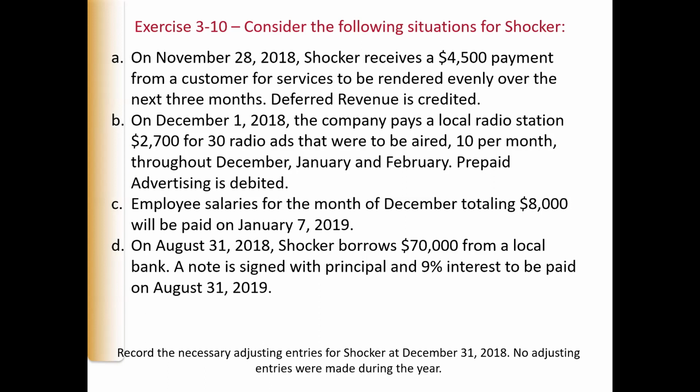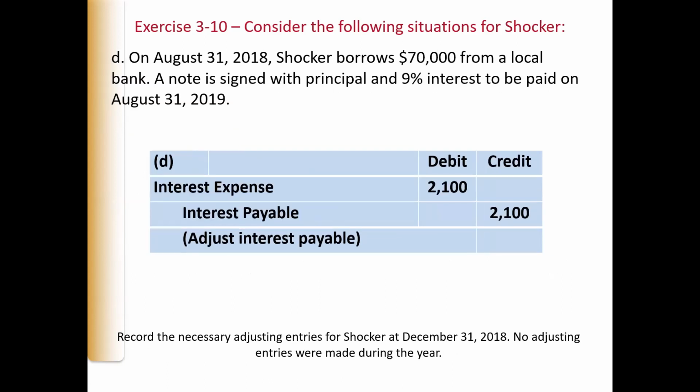There would be a, wait, why is it 2,100 and not 6,300? Wait, no, never mind. 6,300 would be for 12 months. But remember, we just have to do September, October, November, and December, right? Right.